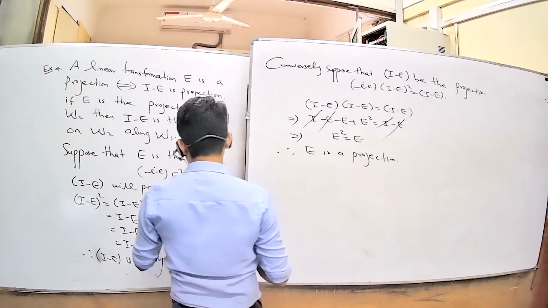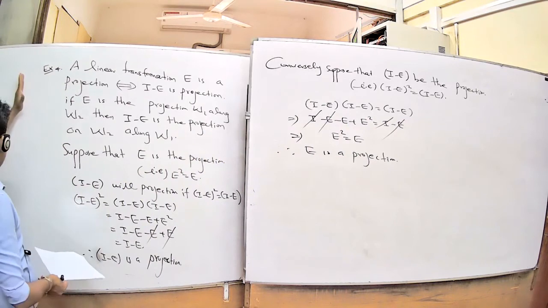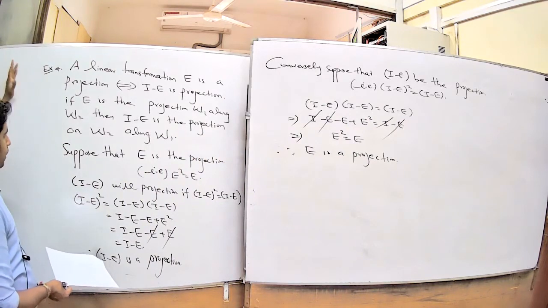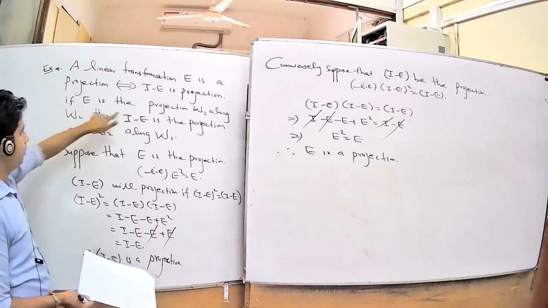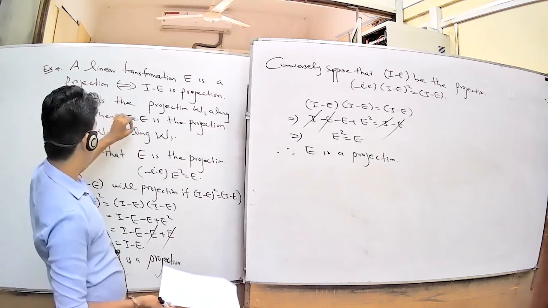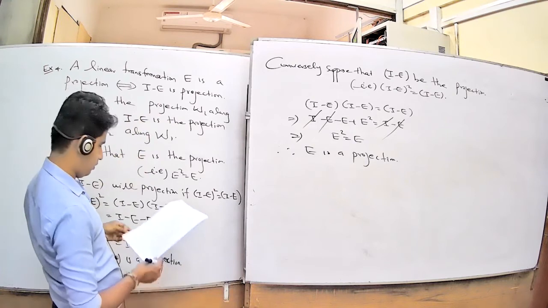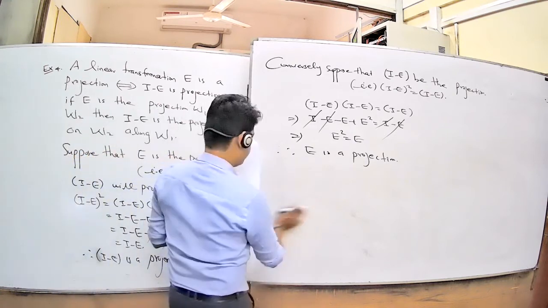Now we want to show that E is the projection on W1 along W2. Furthermore, we want to prove that if E is the projection on W1 along W2, then I minus E is the projection on W2 along W1.